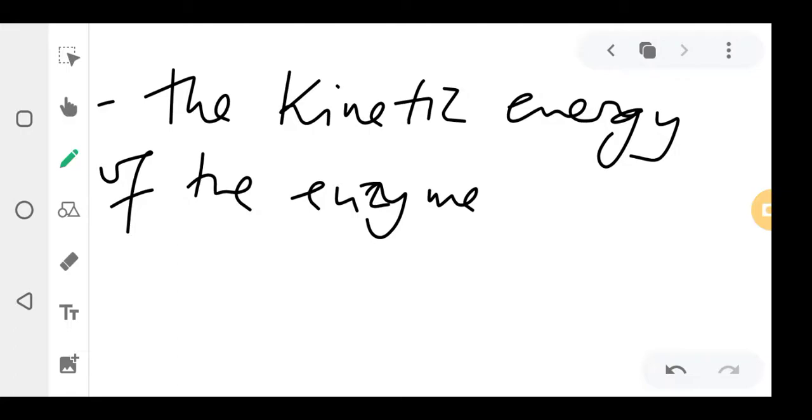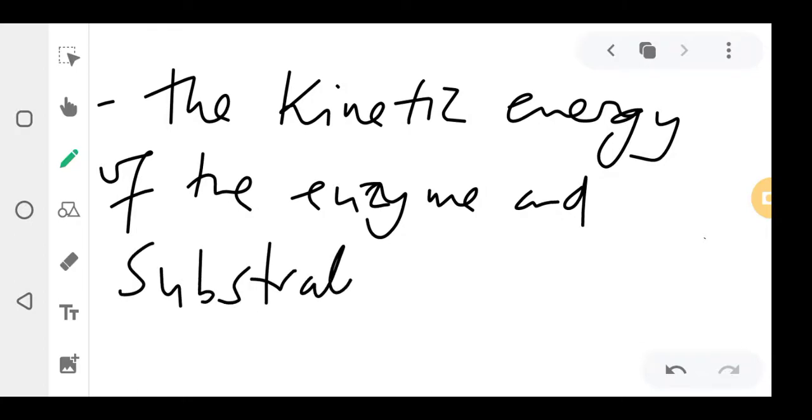So the kinetic energy, their movement in the body, the kinetic energy of the enzymes and the substrate increases. Okay?